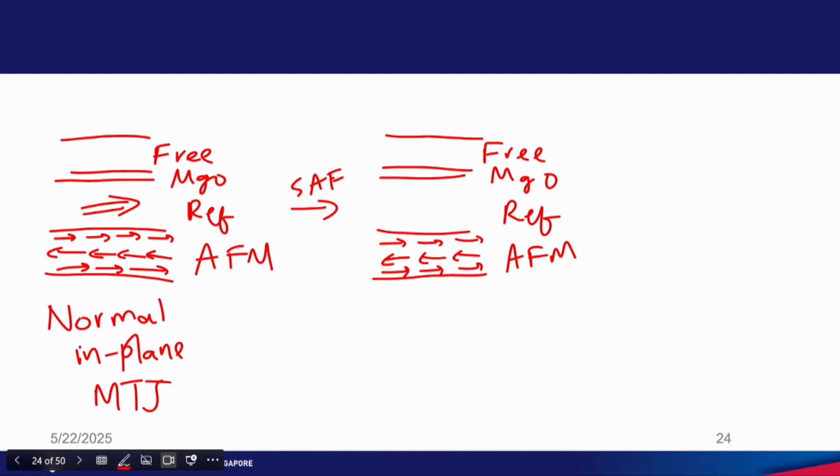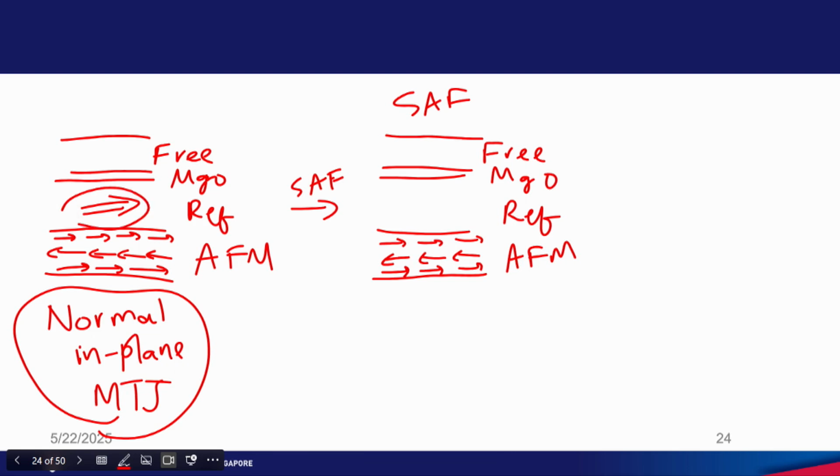The only difference between the SAF structure and the normal in-plane MTJ is that this reference layer doesn't have one layer. So here we have only one reference layer.